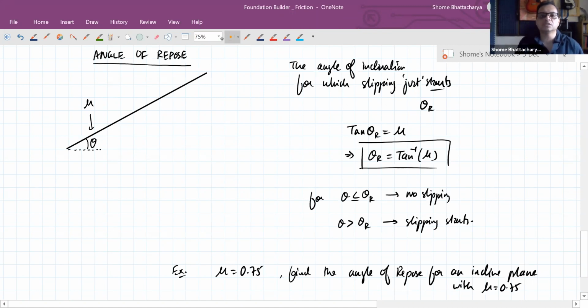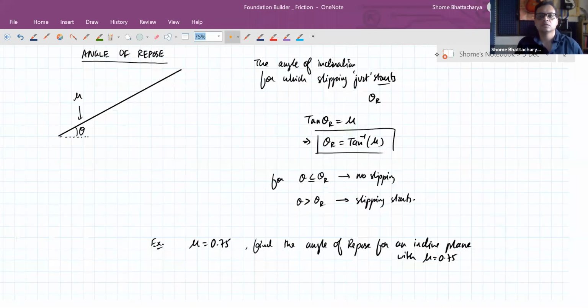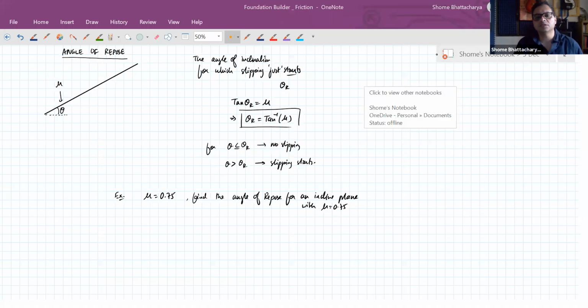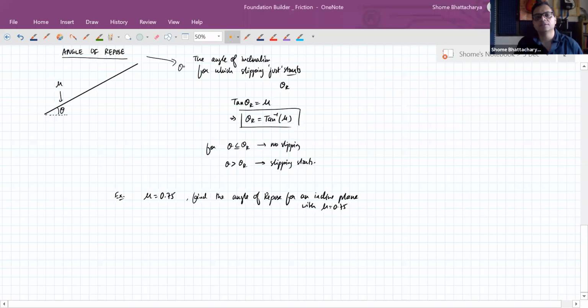Then we'll just incorporate this formula. Just write down the formula, Rishi. It's very clear. Angle of repose is defined as that angle at which tan theta becomes equal to mu, the coefficient of friction. For an angle less than the angle of repose, there is no slipping. For an angle greater than the angle of repose, slipping occurs.